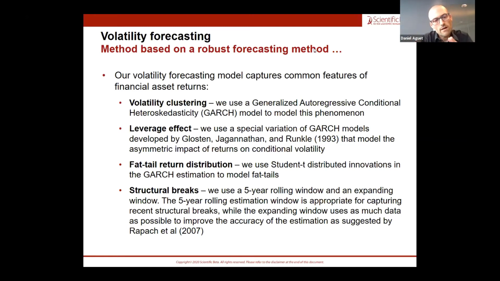And the opposite, when you have huge positive returns, you don't see these spikes in volatility. This can be explained by the fact that when you have negative returns, you increase the probability of default of the company, and so investors react more to negative returns than positive returns. To capture this effect, we use an asymmetric GARCH model developed by Glosten, Jagannathan, and Runkle in 1993.